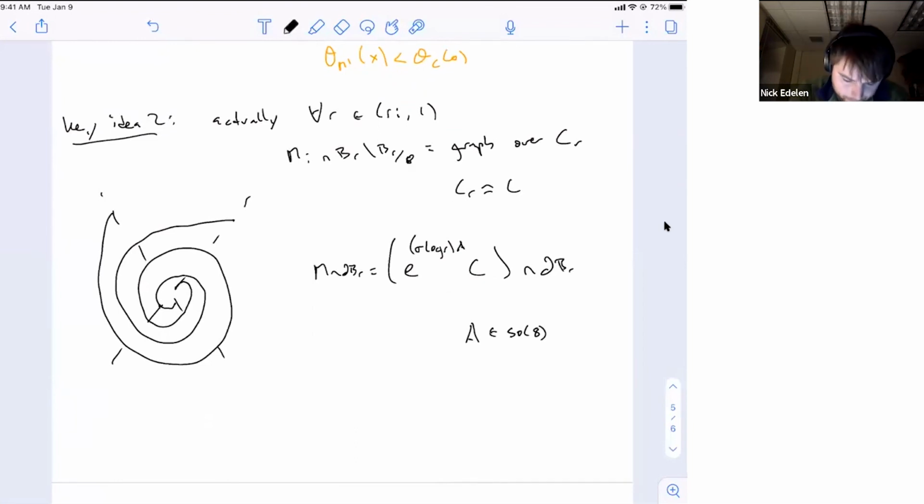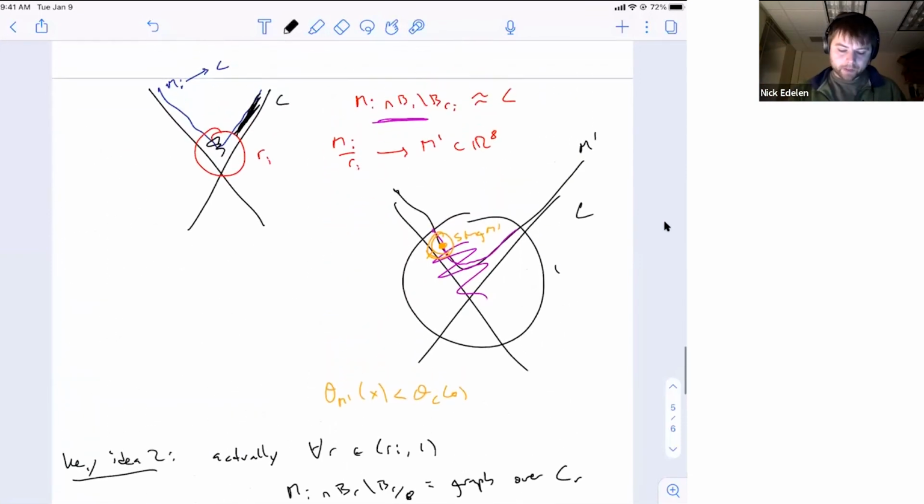And the reason why this is bad: if your cone was only rotating, this actually wouldn't be a problem, because in this annulus, whether or not you rotate, you're still diffeomorphic to the link across an interval. But the issue is how you glue this annular region to the other regions.